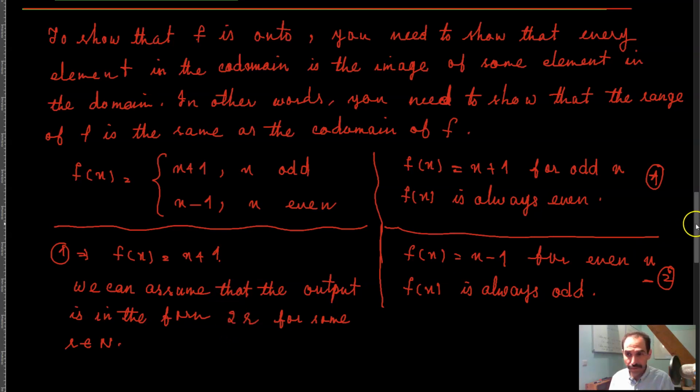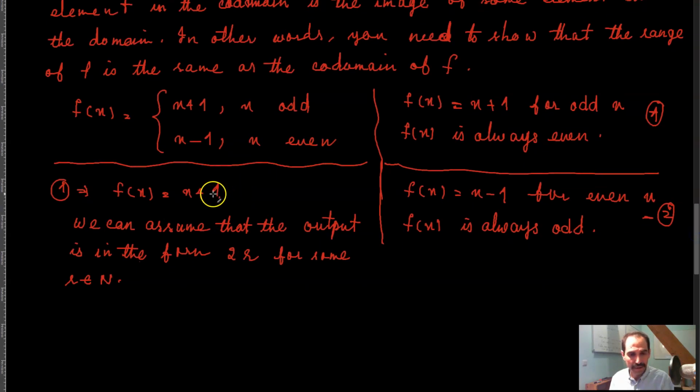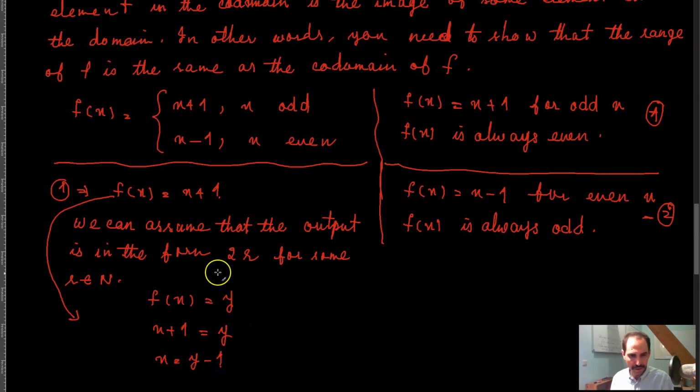Now if I take this equation here and assume that f of x is equal to y and f of x is equal to x plus 1 here, then I have x plus 1 is equal to y, which means that x is equal to y minus 1, right?